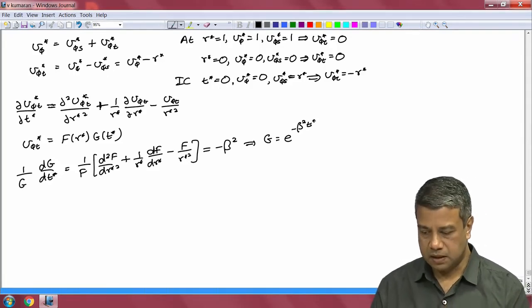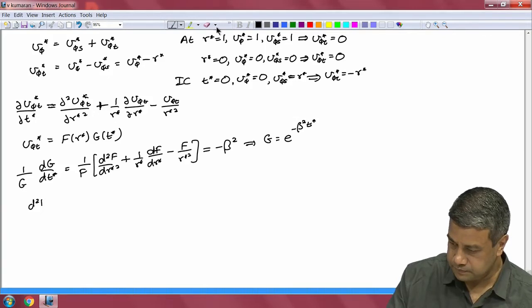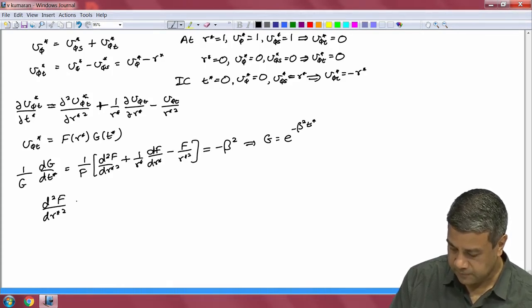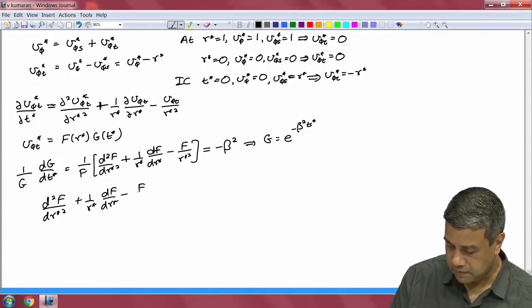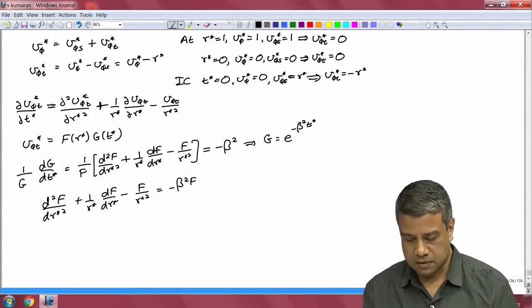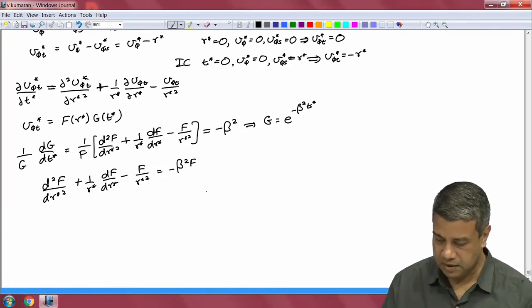Now, I have to solve the other part, that is d square f by dr square plus 1 by r df by dr minus f by r square is equal to minus beta square f. So, this equation I can recast slightly.